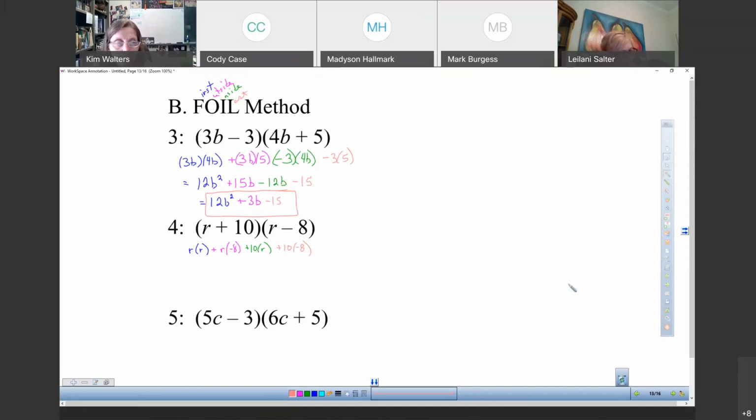If you want to type an R squared, you can do R with a little caret. That means R squared.